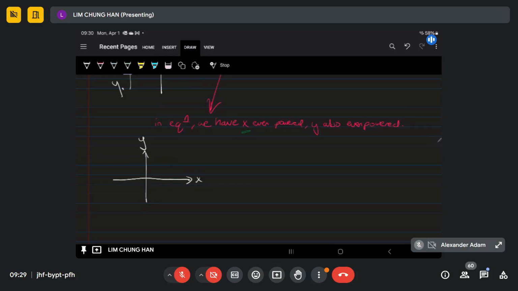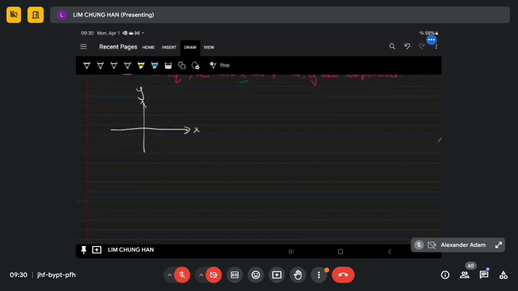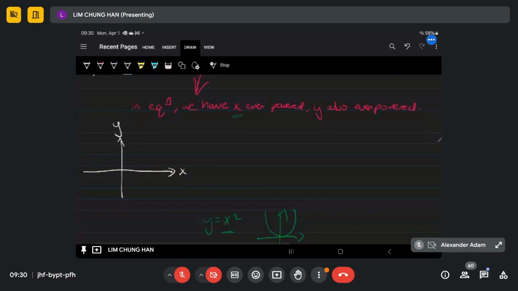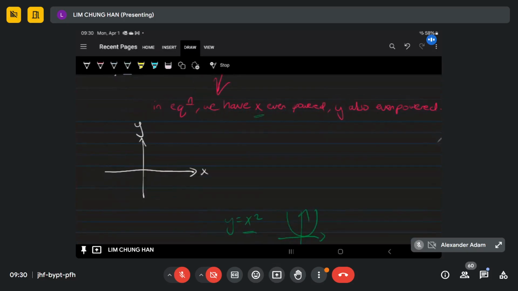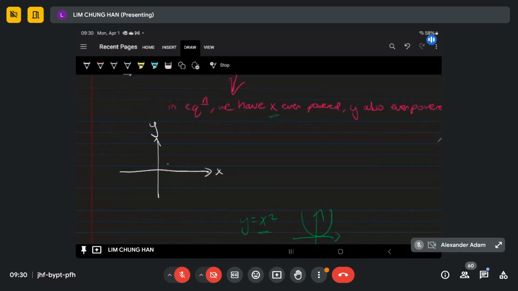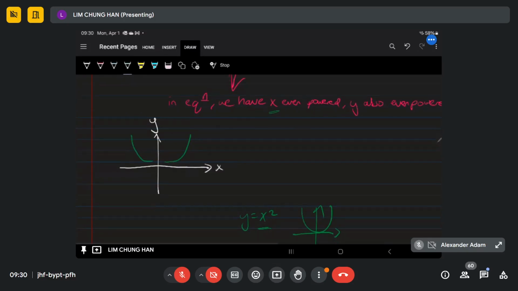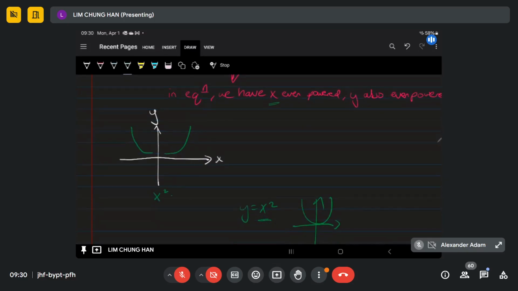Just now, x even power is y equals x squared, which is a U shape. So when x is even powered, whatever shape you have on the left or on the right, it will be mirrored. It's mirrored left and right.